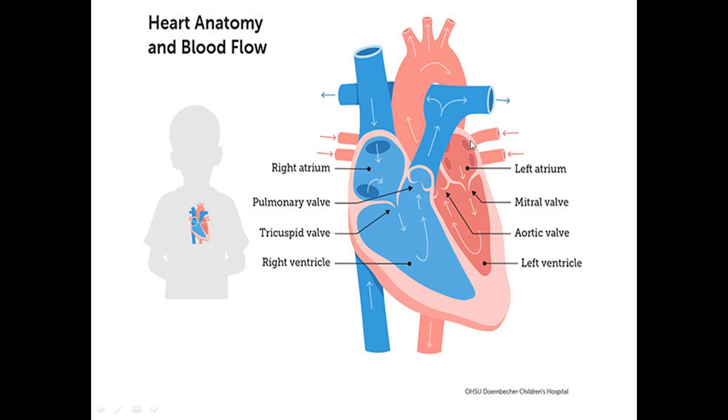Note the difference of these terms. A vein is any vessel that transports blood into the heart, and an artery is any vessel that transports blood away from the heart. So pulmonary vein is an example of a vein. It opens into the left auricle. So you have four large veins here.